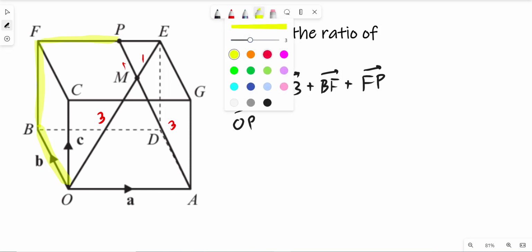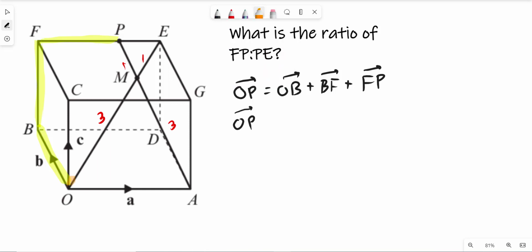So if I can change color, we're also going to define it as this journey plus this journey. So that's going to be OM plus MP. And by doing that, we'll be able to compare the two journeys, because the two journeys will have to be the same as they define the exact same journey from O to P. We'll make them equal to each other, and then we'll compare coefficients to find any unknowns.